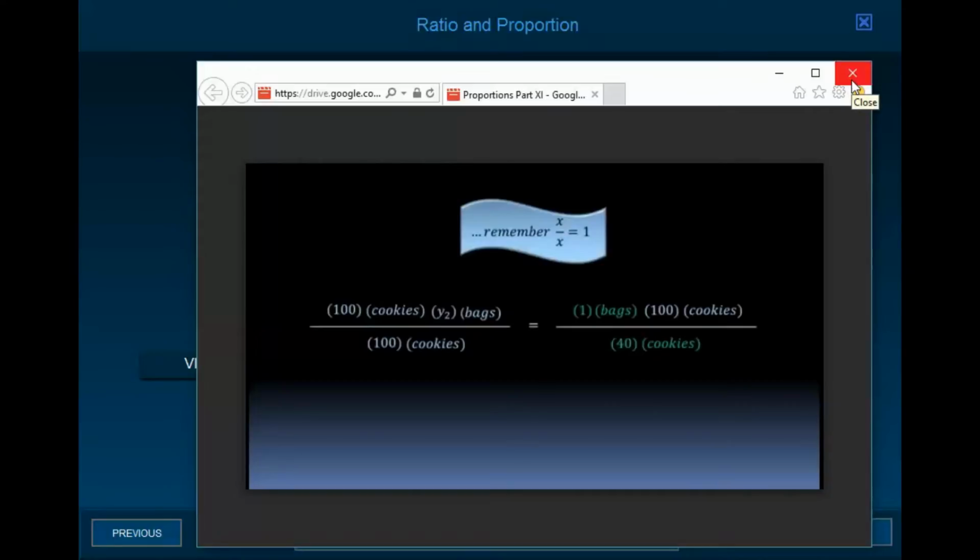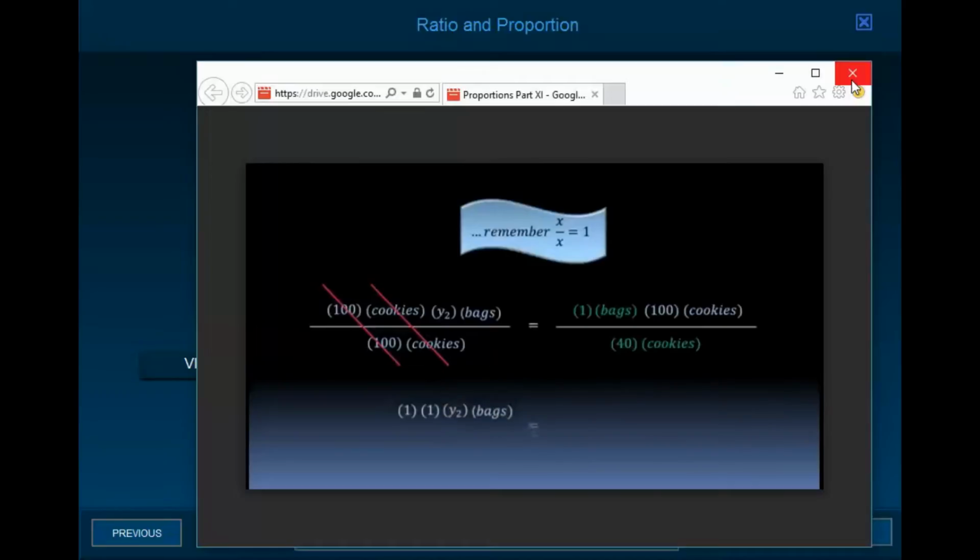Remember, anything over itself is equal to 1. And looking at our equation, 100 over 100 is equal to 1. Cookies unit over cookies unit is equal to 1.